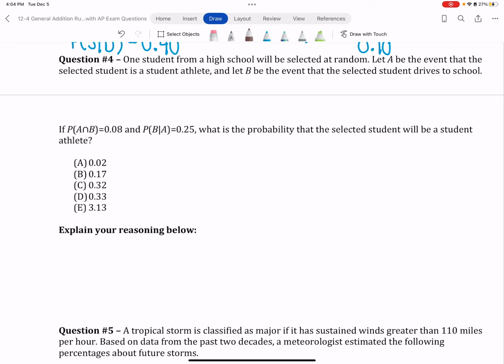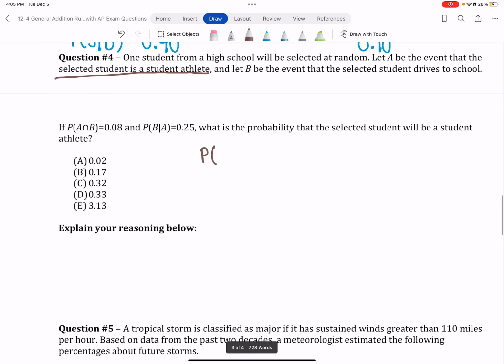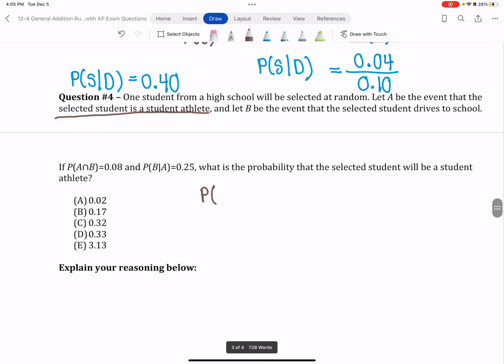Okay, well, first off, let's write our conditional probability formula again. So it seems like the given part is that the selected student is a student athlete. That is the given. So we're trying to find the probability of B happening given A. Let's go ahead and write this formula down.